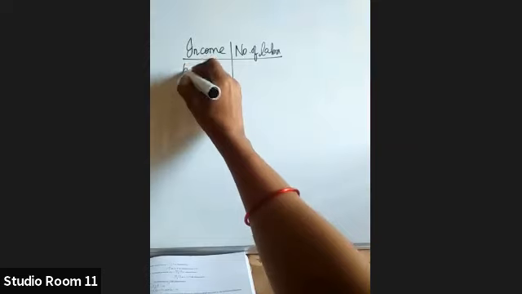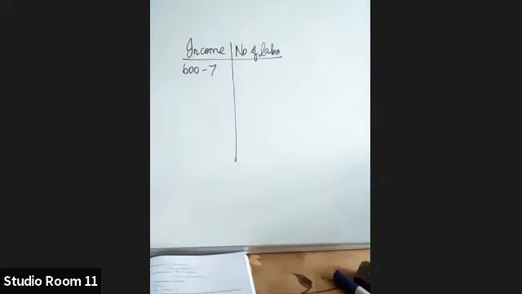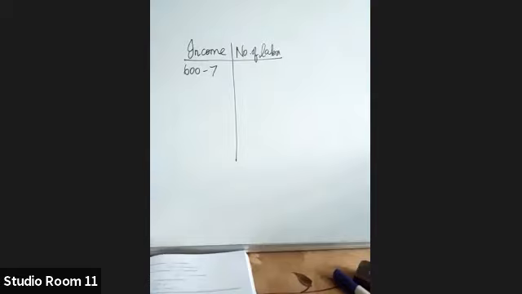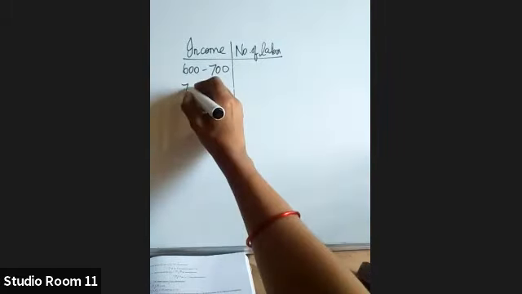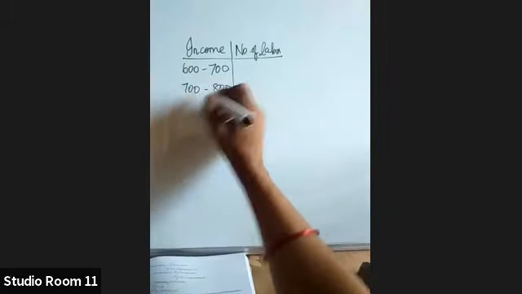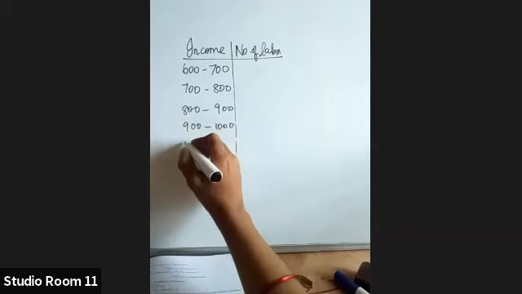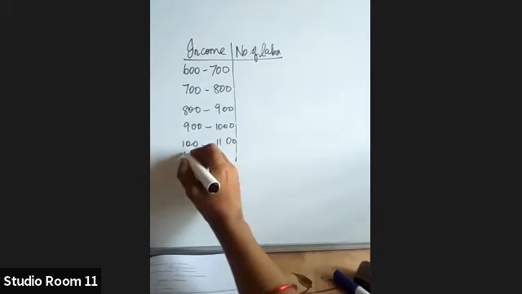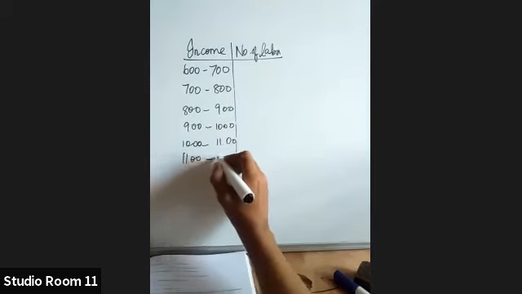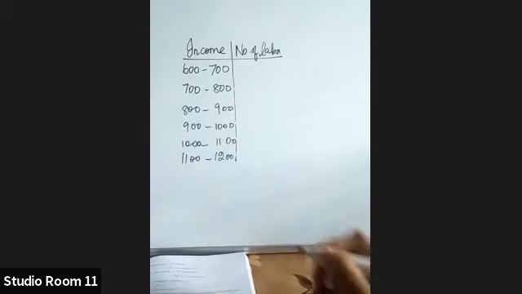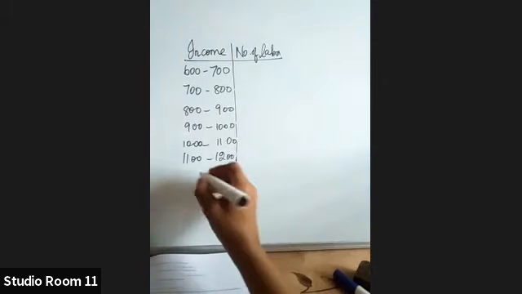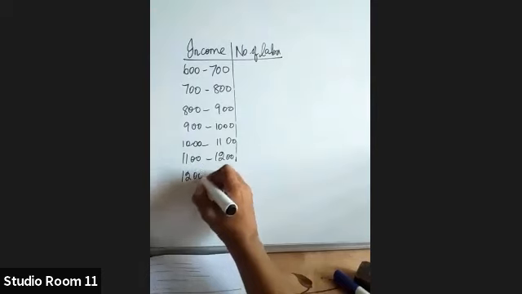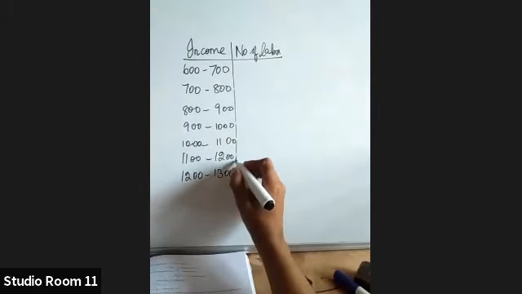Income: 600 to 700, 700 to 800, 800 to 900, 900 to 1000, 1000 to 1100, 1100 to 1200, 1200 to 1300.